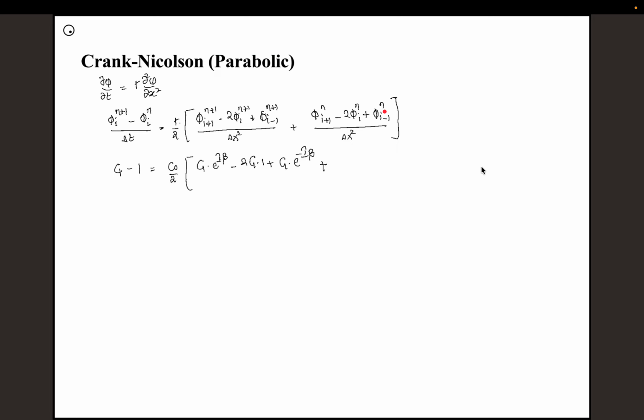Similarly here, all of them are at the nth time step, so they do not have any amplification factor. For i plus 1, i minus 1, we have e power i beta minus 2 plus e power minus i beta. So this will be Courant number times 2 cos beta minus 2, and we have the factor coming out.